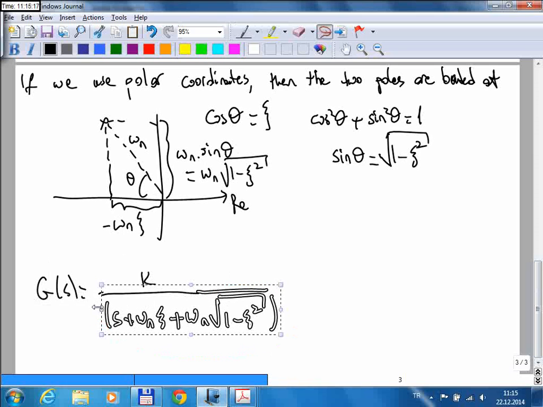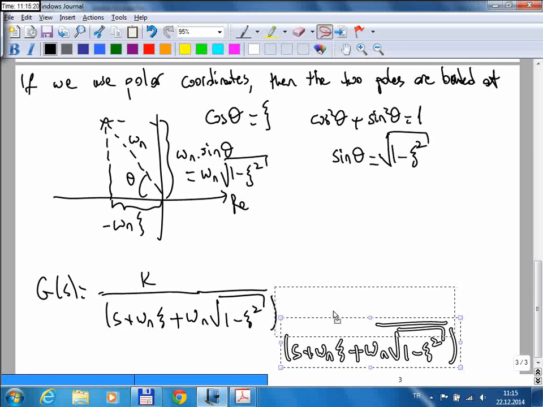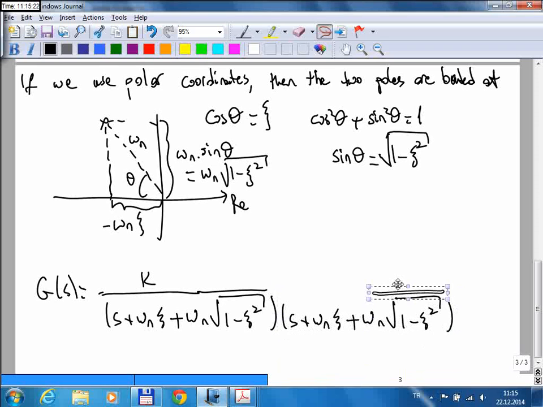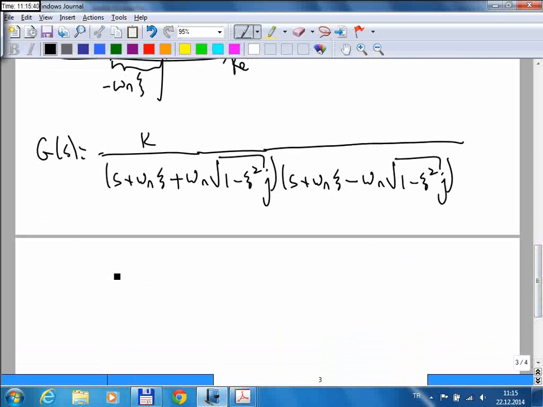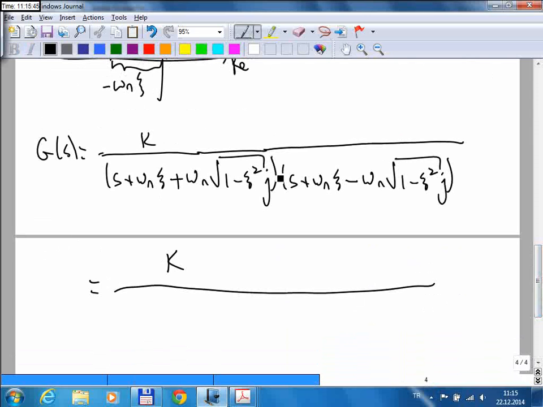And now we have another pole. And for this pole, we have a negative number here for the imaginary part, so there should be a j here, right? Okay, so open these two parentheses, and then that will give us s plus omega n zeta squared.